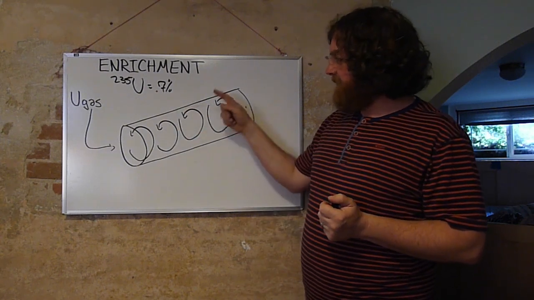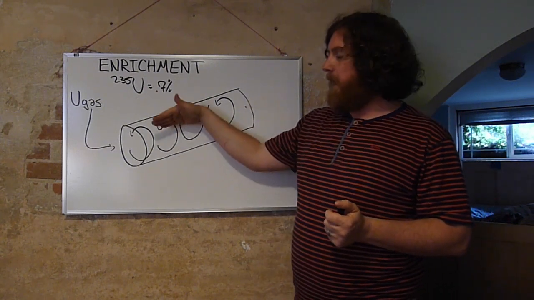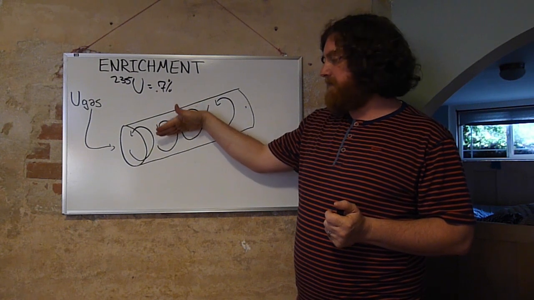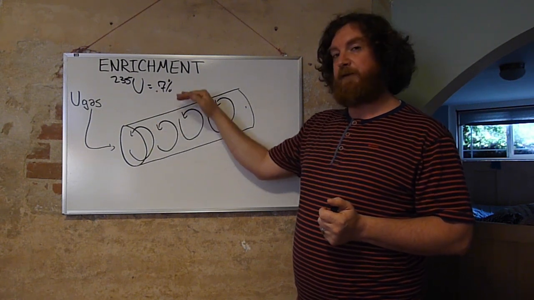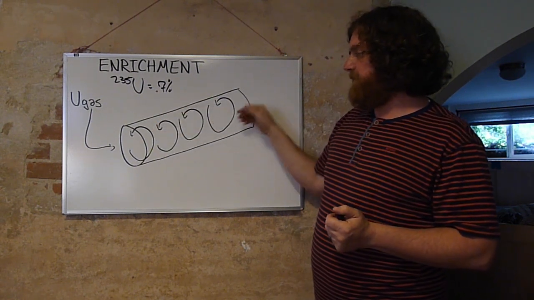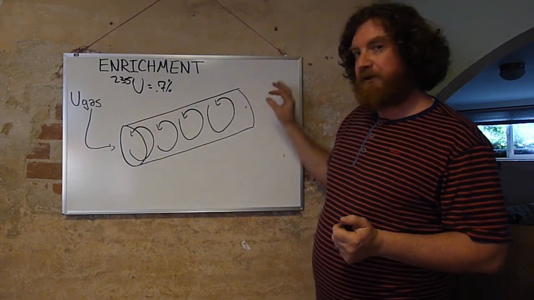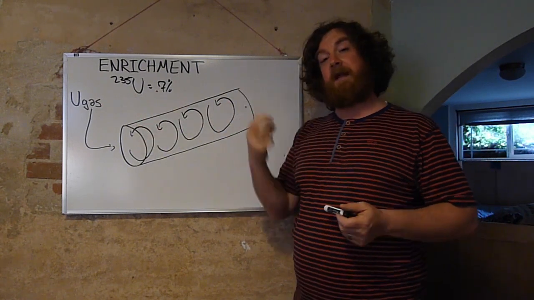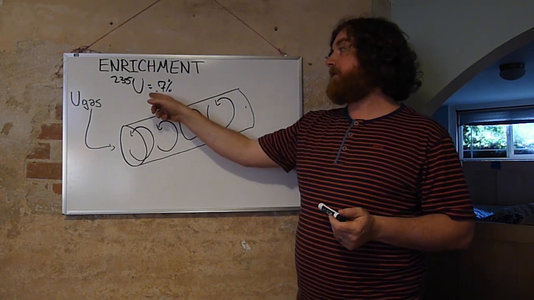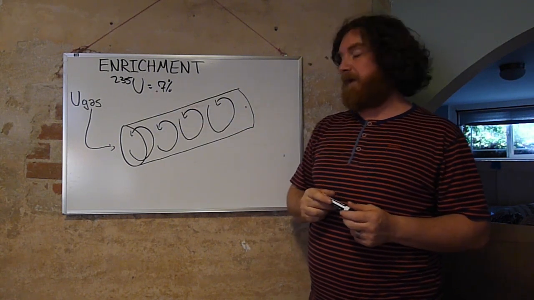So as these gases are spinning, essentially what happens is the uranium-238 gets pushed to the outside of this centrifuge, and the inside, almost like a core, if you could think about it that way, is the lighter elements. And in our case, that's uranium-235 that we're after.